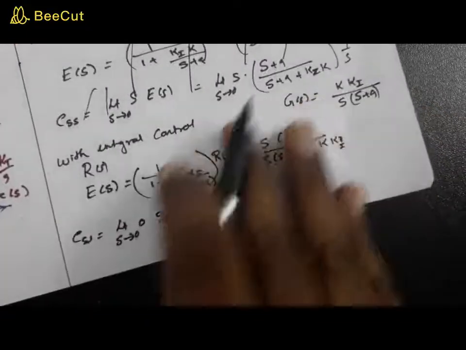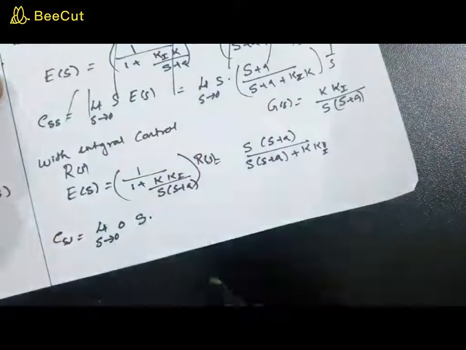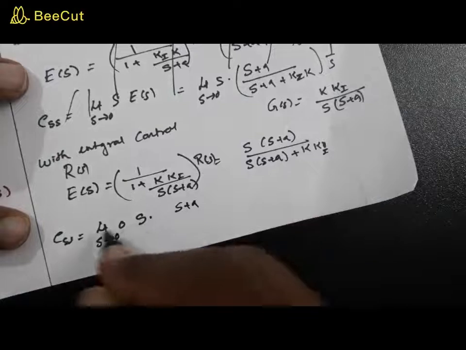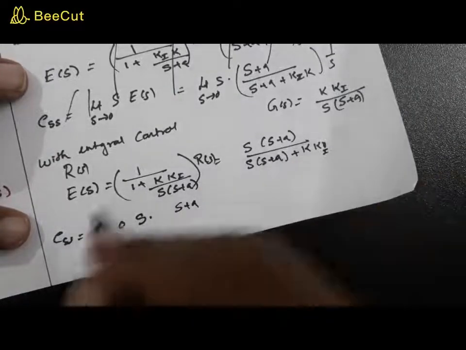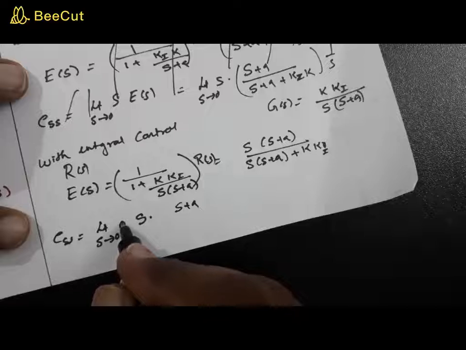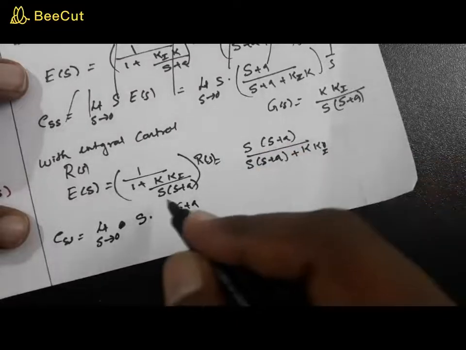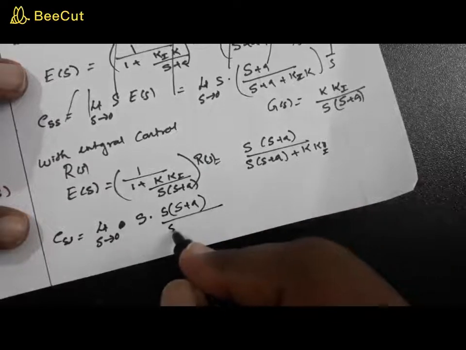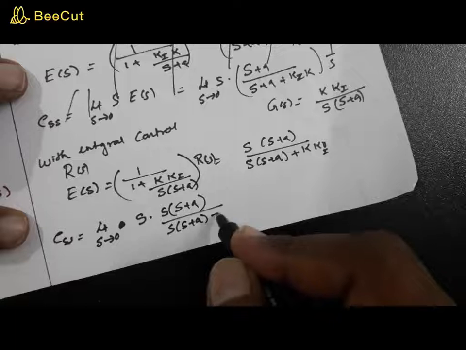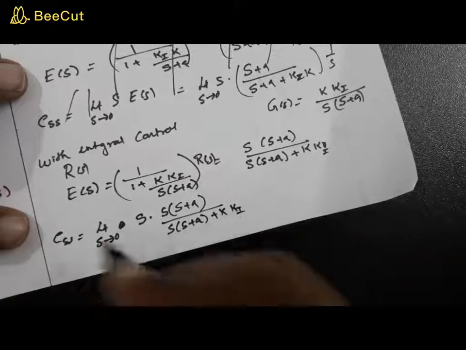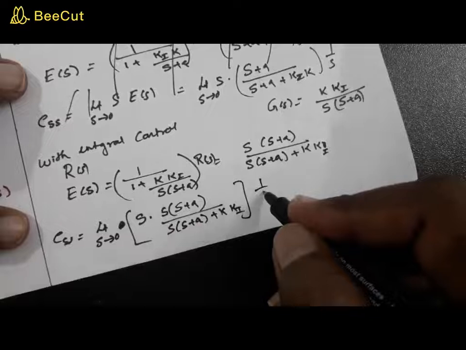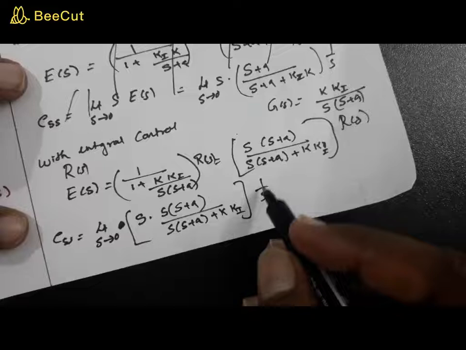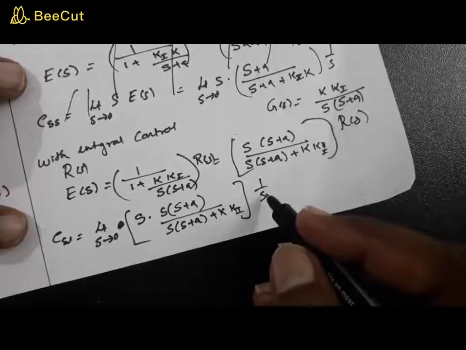Now I am adding an integral controller and giving the same input, so this becomes limit S tends to 0 of S into (S into (S plus A) divided by S into (S plus A) plus K into Ki), the whole into 1 by S. Instead of R of S, you can replace that by 1 by S because it's a step input.